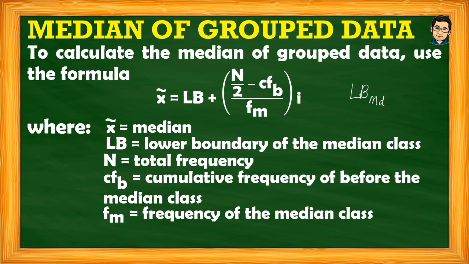So after nating ma-determine yung median class, madali na lang pong i-identify yung frequency. So hindi natin ma-identify yung frequency hanggat hindi natin ma-identify yung median class. And then finally, yung I is yung interval. So ayan po ang formula for calculating the median of group data.